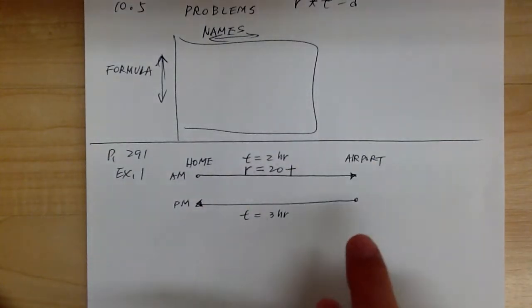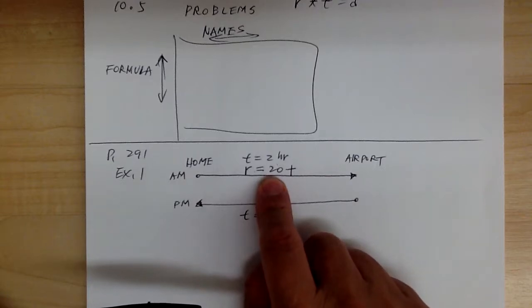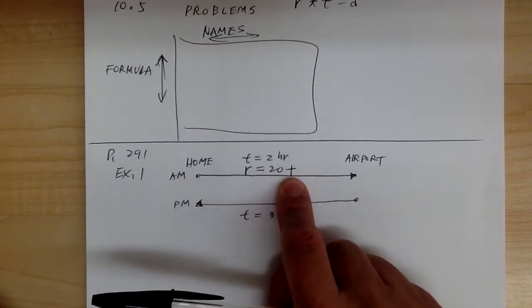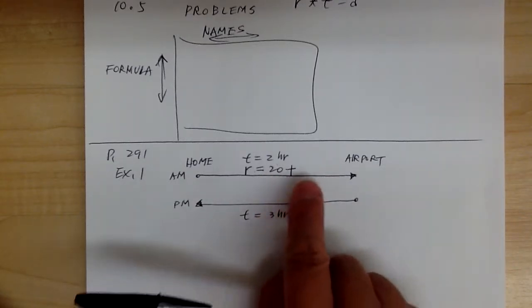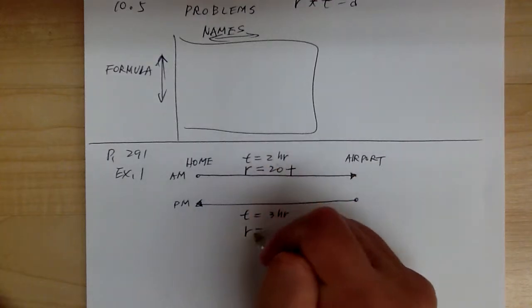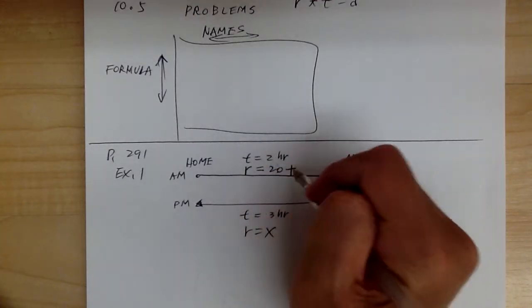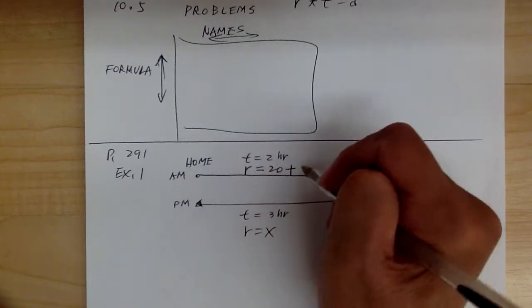Again, you need to know how to translate. You don't know the evening speed, so let's call it r equals x. That way the morning speed, 20 miles per hour more, would be x plus 20.